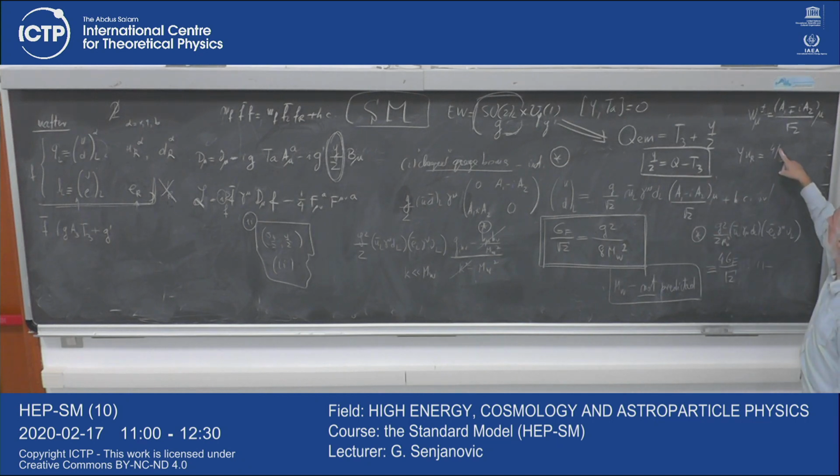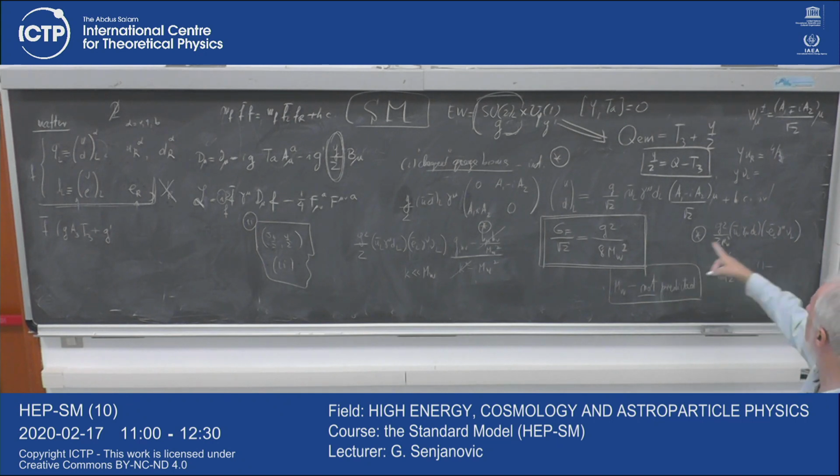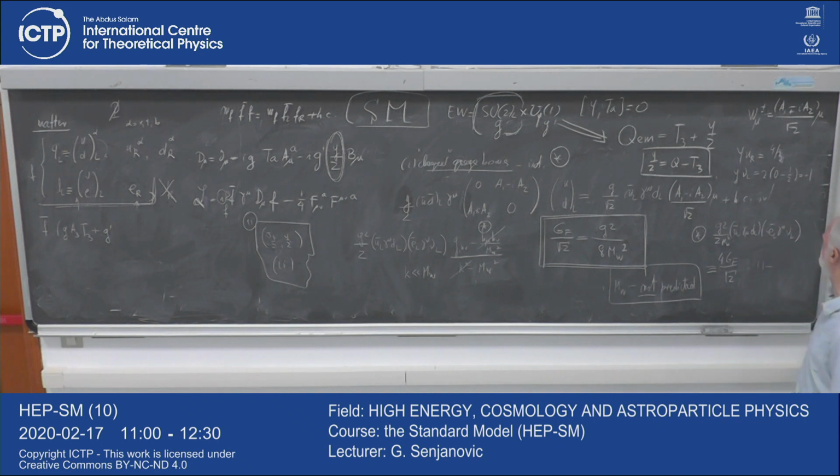And DR would be minus 2/3. Hypercharge is twice the charge for the right-handed guy. And if I ask you, I don't want to write DR, let me just try one. What is the hypercharge of a left-handed neutrino? It's twice the charge, which is 0, minus a half. It's minus 1.